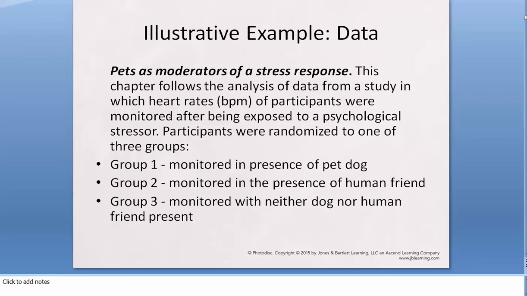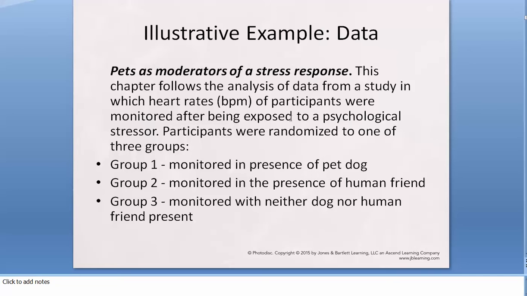So how is the heart rate affected, or influenced, by different things, like by having a pet dog as a companion, or by having a human friend, or just staying alone? So these are the 3 different group characteristics. Based on these, we need to see whether the heart rates differ significantly from each other. What is better, or are 2 of these equally the same? Things like that.